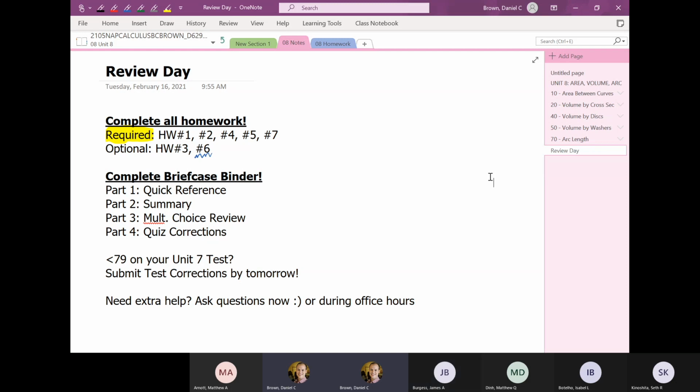Mr. Brown, can you go over number 2 from the quiz? Yeah. One second, I'm just adding those keys to the folder real fast.